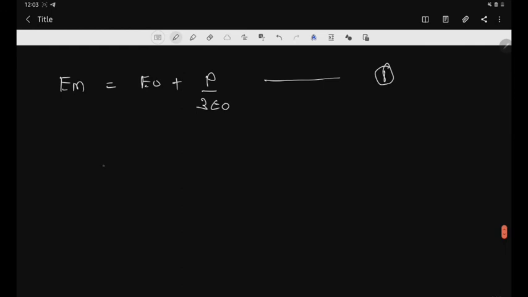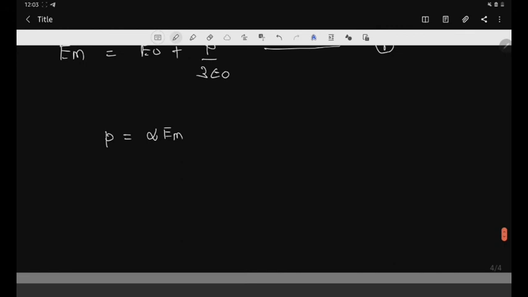We have dipole moment, small p, equal to alpha into the electric field inside the medium. One more relation is there: the polarization vector P is equal to n into this dipole moment, where n is the number of molecules in a volume.